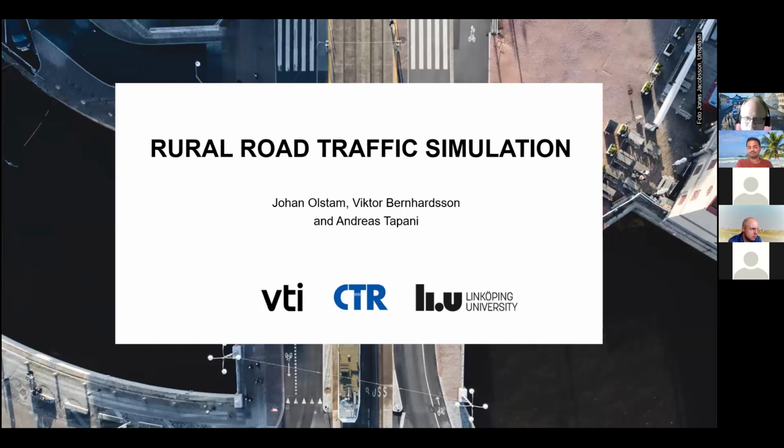Yes, so rural road traffic simulation. Maybe to some extent for the Netherlands, I mean, there are very short distances between the cities in the Netherlands compared to Sweden, where we have long ones. So in some sense, maybe this is exotic for you. I don't know, or maybe it's of less relevance.